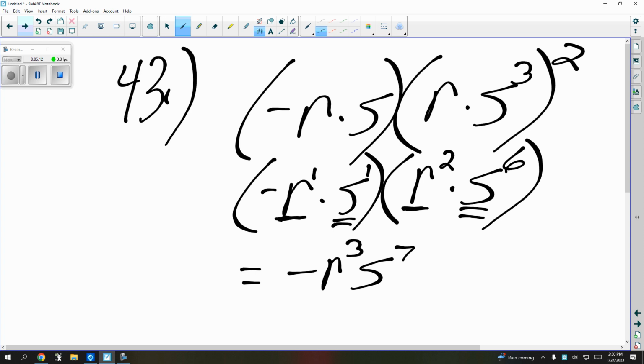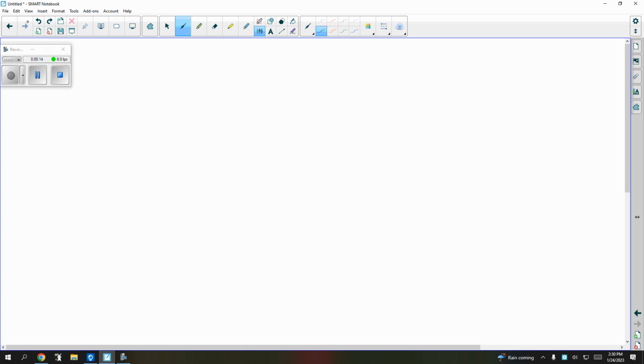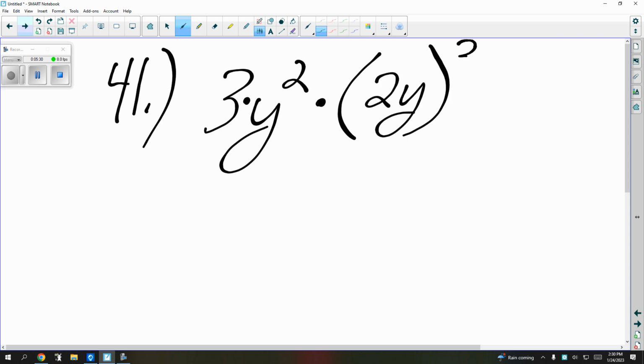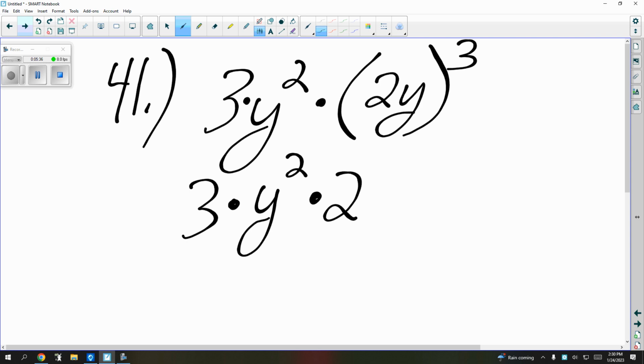Next problem, number 41. Oh, we're starting to get the easier problems. All right, number 41 looks like that. There's a dot right there. And then there's a dot here. And then it's 2y cubed. All right, so it's 3 times y squared times 2 cubed times y cubed.